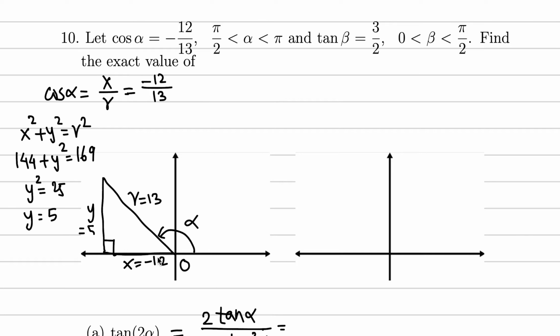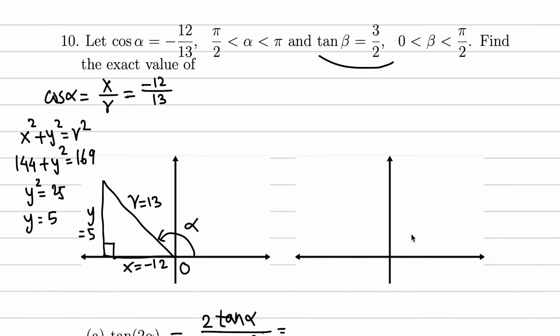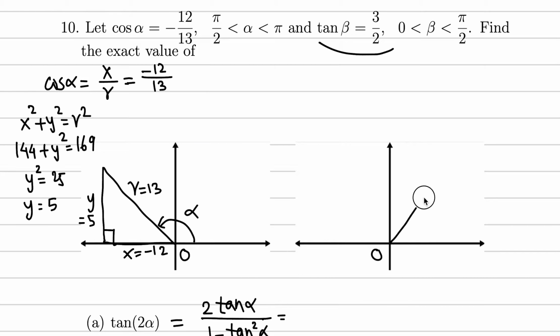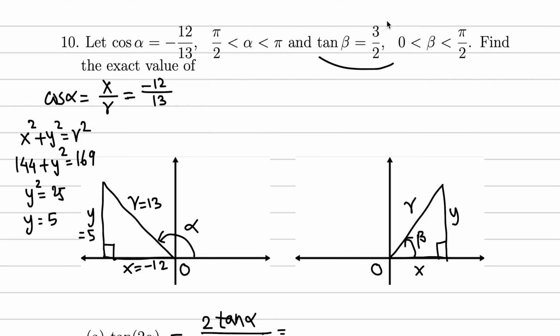Now we have all three sides for this triangle, so we can find any trig function for angle alpha. Let's do the same thing here. Beta is in the first quadrant. That's kind of easy. Everything is positive now. This is beta. Drop a perpendicular: adjacent x, opposite y, hypotenuse. Tangent is what? Y over x, opposite over adjacent. So y is 3, x is 2.